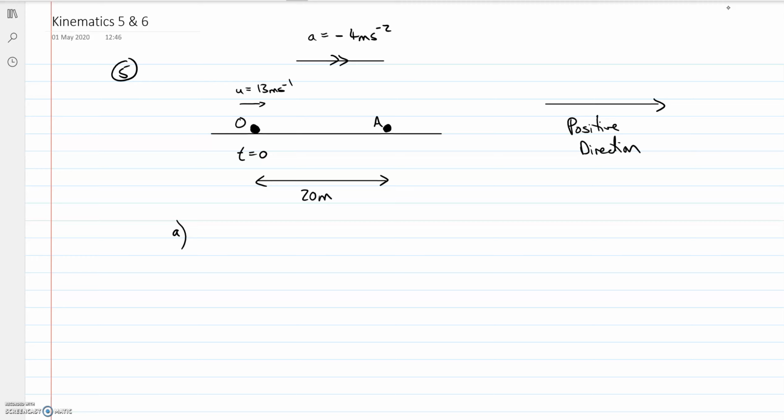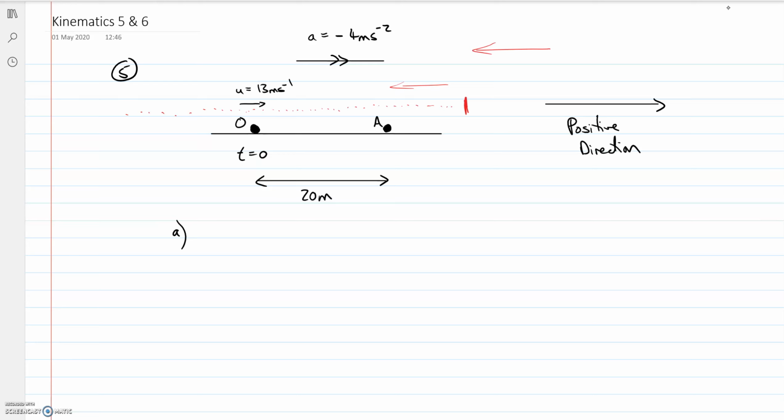So what we're expecting to happen here is that the particle is coming this way, it hits O at this point, we're calling that time 0, U is 13. It's going to carry on, but remember it's decelerating, so it's going to go past A, eventually it's going to stop, and then because it's accelerating this way, it's going to start going back, and it's going to go back through A again. So there'll be 2 times where that happens.